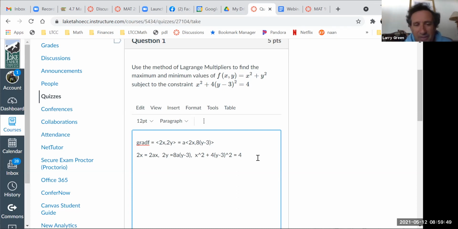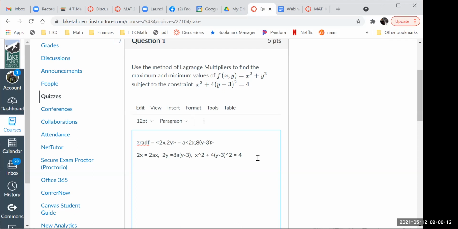Which of these is the easiest to deal with? Yeah, let's call it the x, or the first equation. Can I say that the first equation tells us automatically a equals 1?